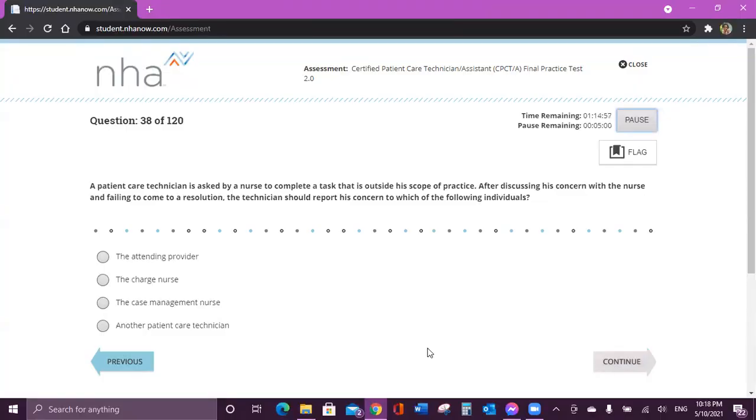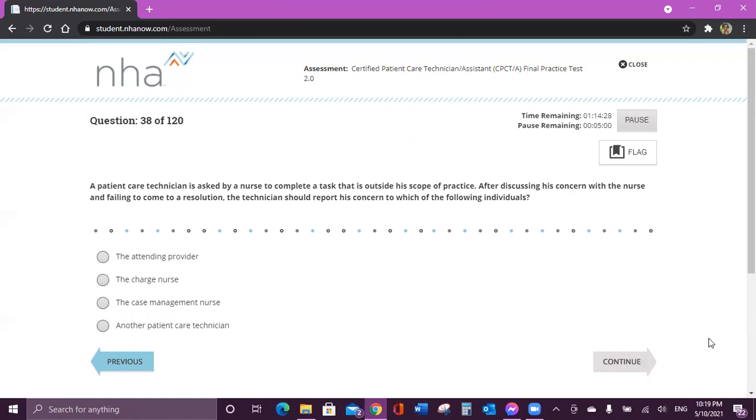A patient care technician is asked by a nurse to complete a task that is outside his scope of practice. O sea, scope es como que está fuera de su, ¿verdad? Ana, quita el mouse de la letra, porque si tenemos que hacer algo, vamos a tener problemas. Ok, así.